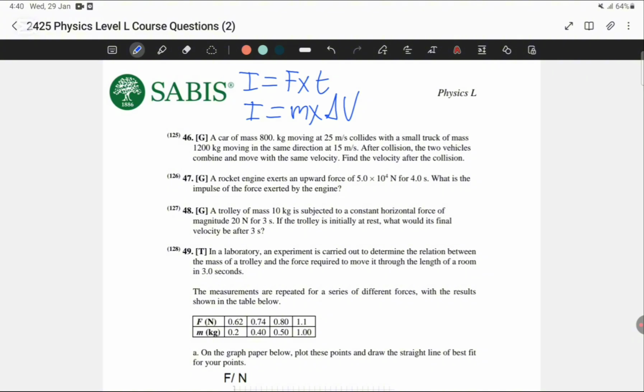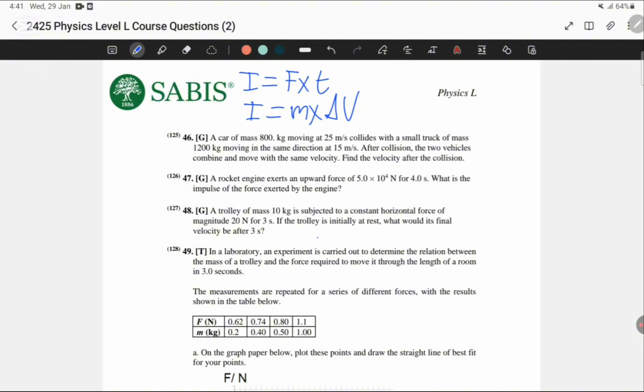You're gonna get 2 times 10 to the power of 5 newton seconds, because 5 times 10 to the power of 4 times 4 equals 2 times 10 to the power of 5. Okay, easy. On to the next.